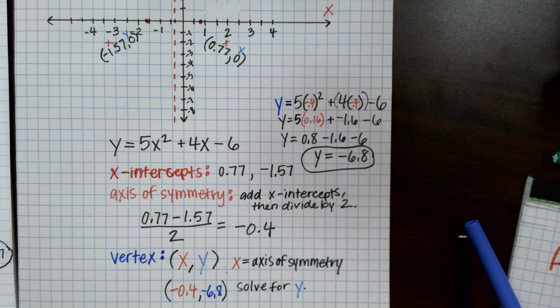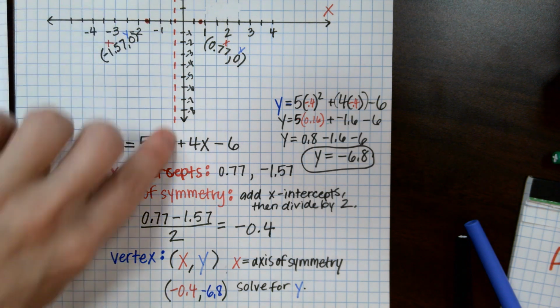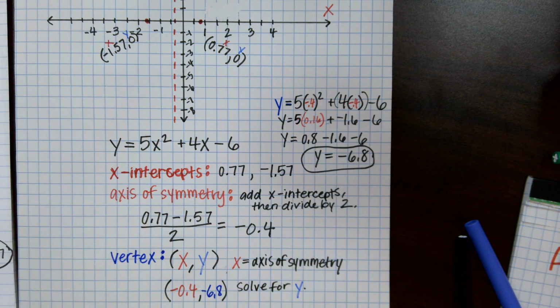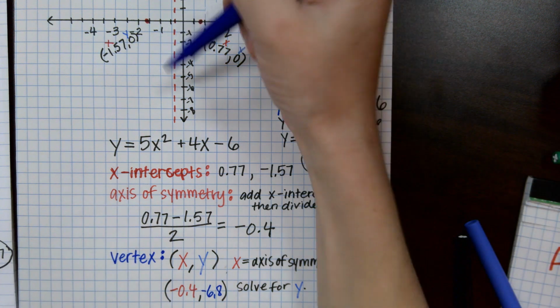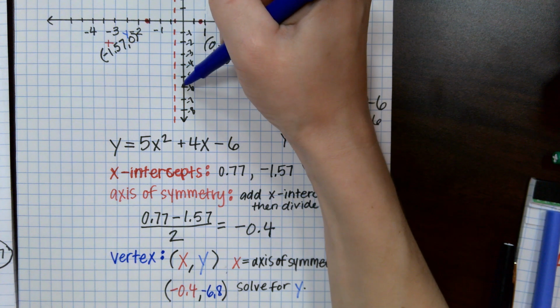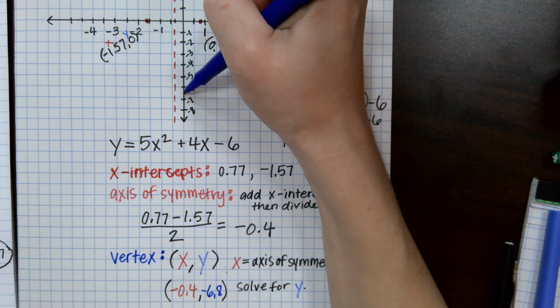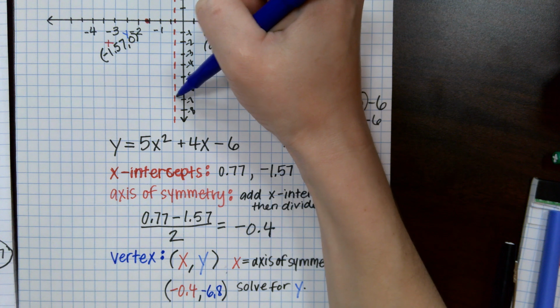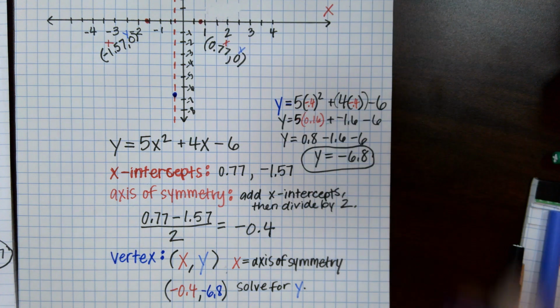So I know that it's going to fall on my axis of symmetry. It'd be just above -7. So it's -6.8. So I'm going to go down to about -6.75, right about here. We'll label this point too. There's our vertex.